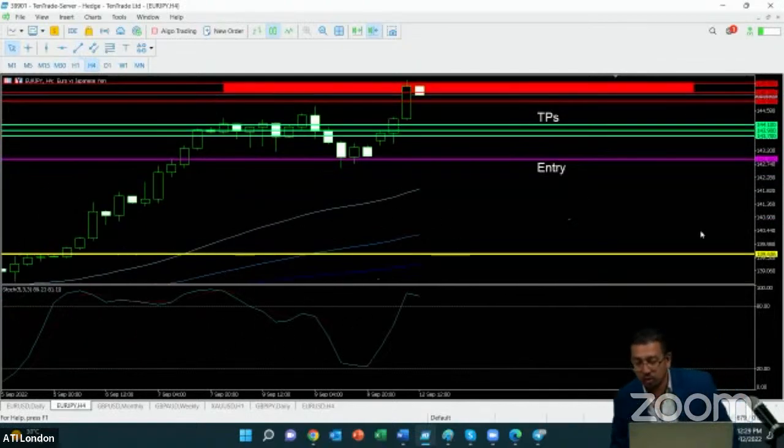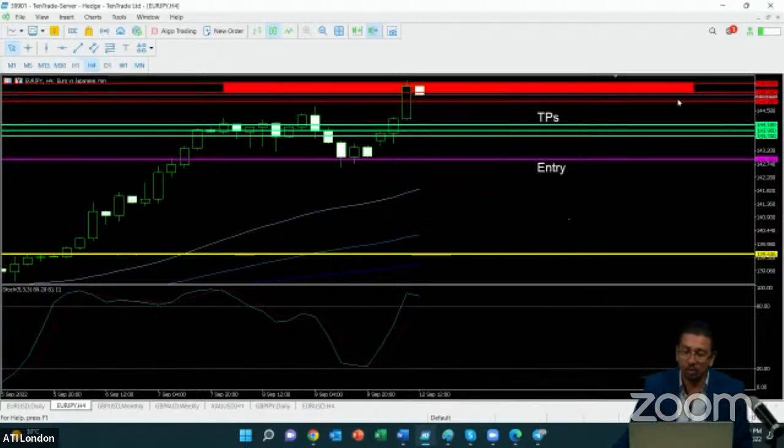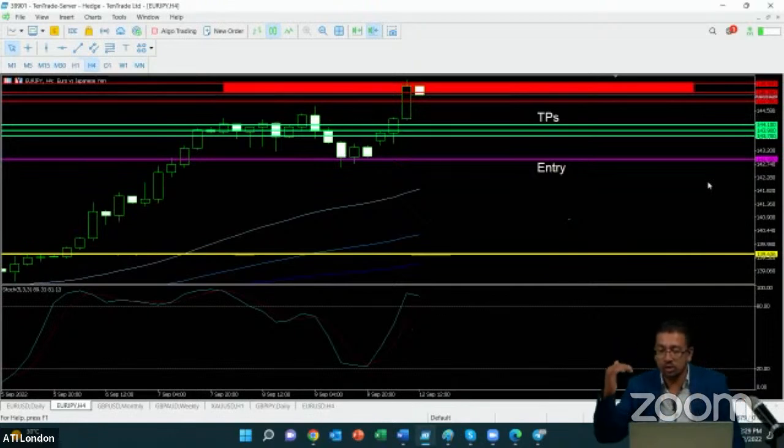I would think the 144.90 area would be an area of support as well, because prices are now trading close to 145.20. As it comes downwards, it would need to bump into the 145.00 psychological number first.